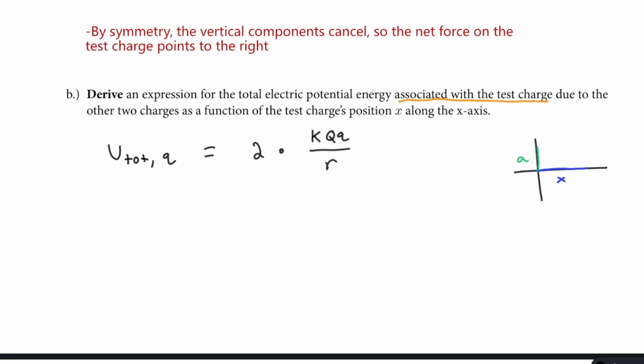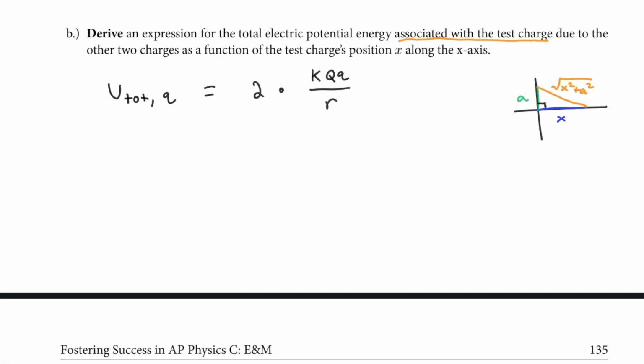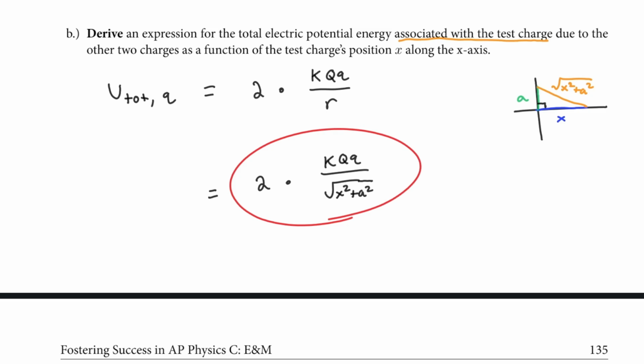So we can find the distance r by hitting it with the Pythagorean theorem, or just Pythagit, as the kids say. That's slang for do the Pythagorean theorem. So 2 times kqq divided by square root x squared plus a squared. So that is our potential energy between each of the q's and the little q test charge.